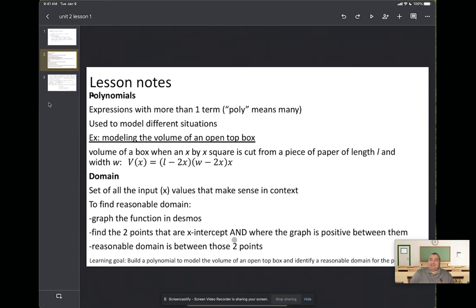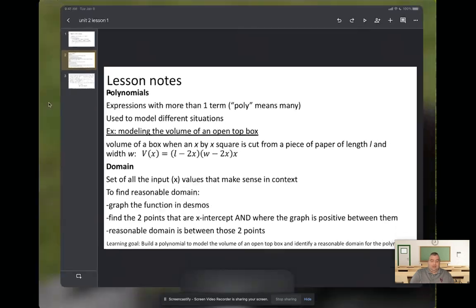An x-intercept is a point where the graph crosses the x-axis. So find the 2 points that are x-intercepts and where the graph is positive between them. The reasonable domain is between those 2 points.